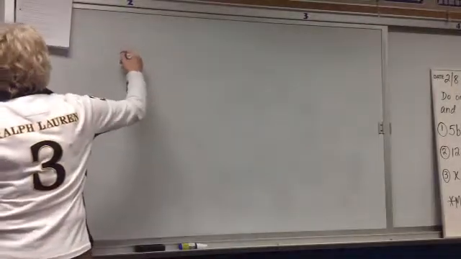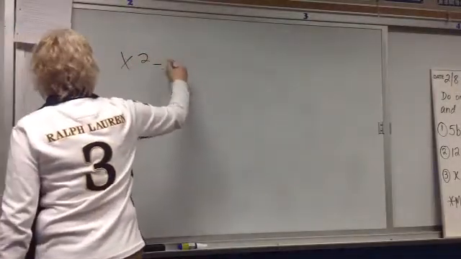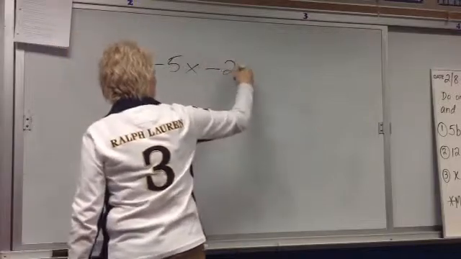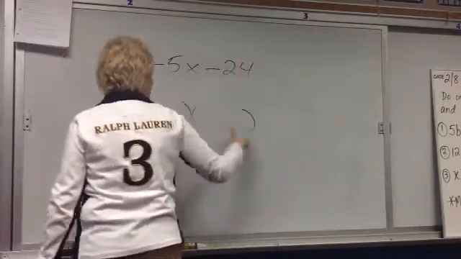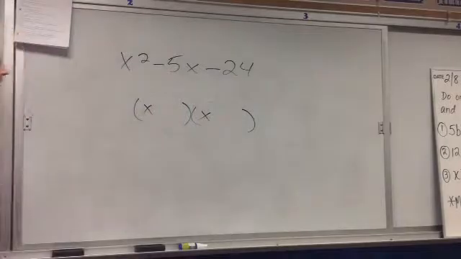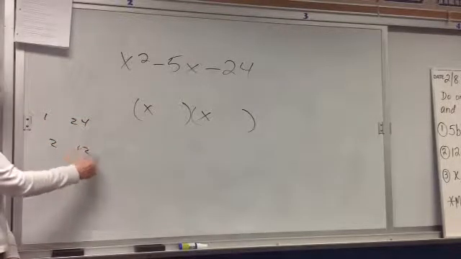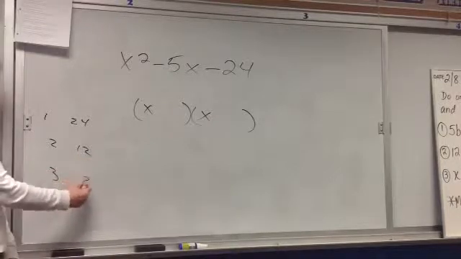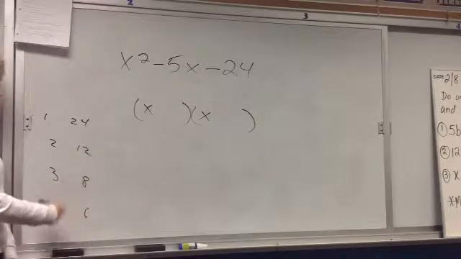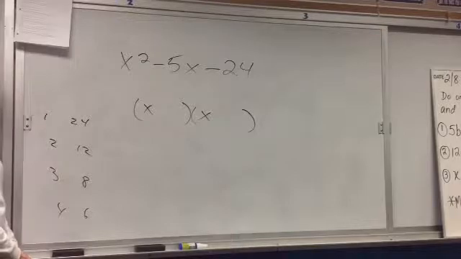All right. X squared minus 5x minus 24. We're looking for factors of 24 that give me what? Negative 5. That's not going to work. Any suggestions?